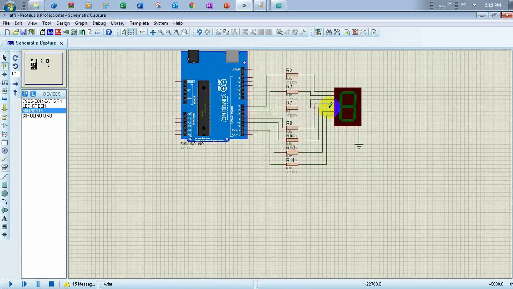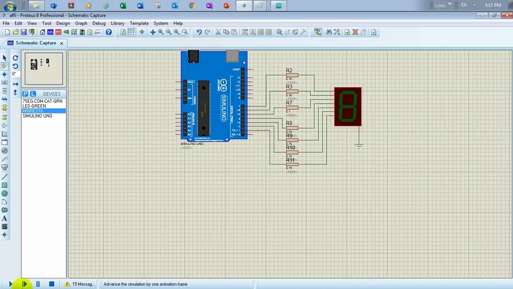We want this display to be designed as a counter, that means it views number 0, then 1, followed by 2, 3, 4, 5, 6, 7, 8, 9, and after 9 it goes back to 0, 1, 2, 3.